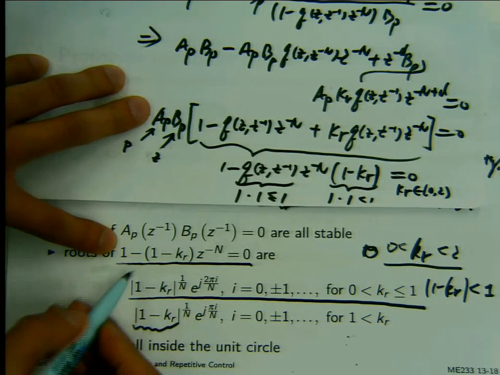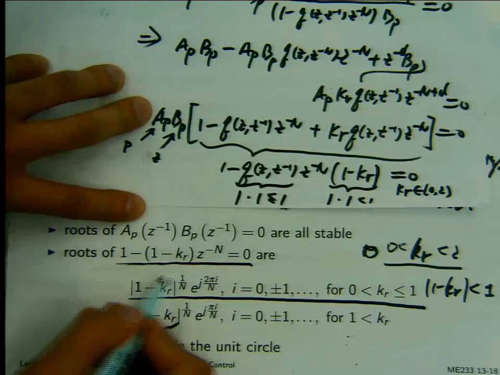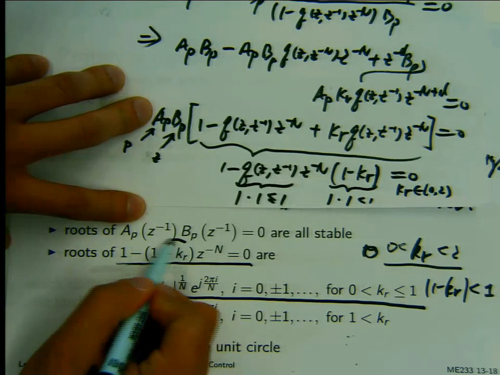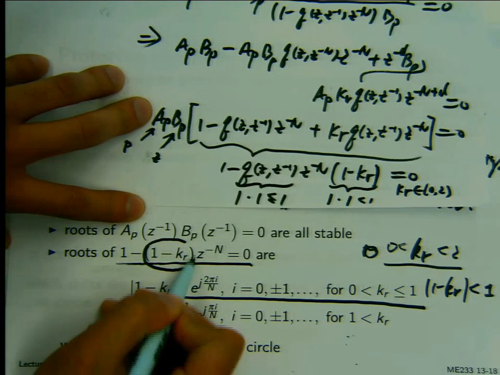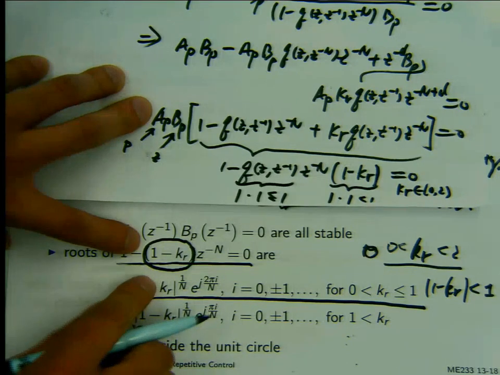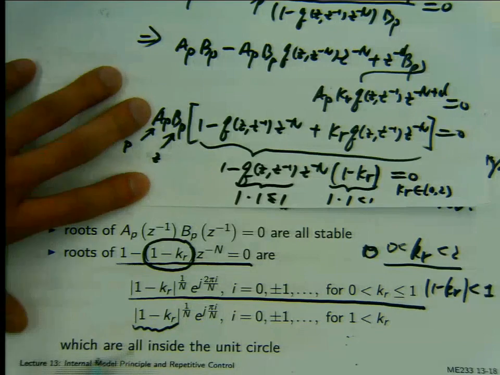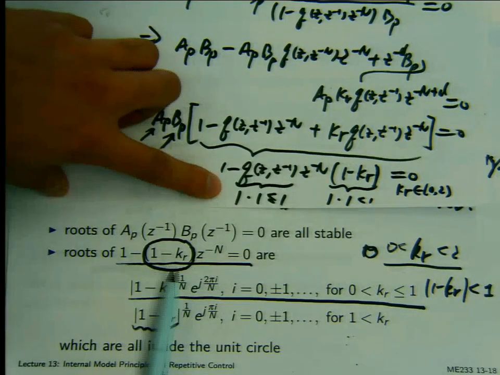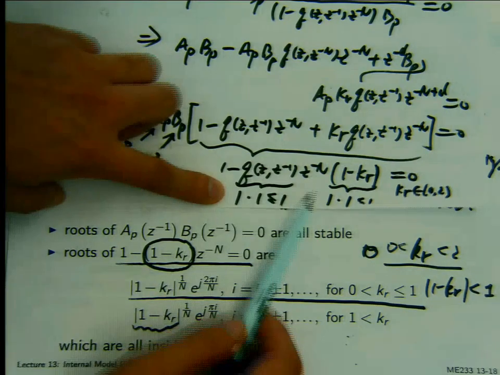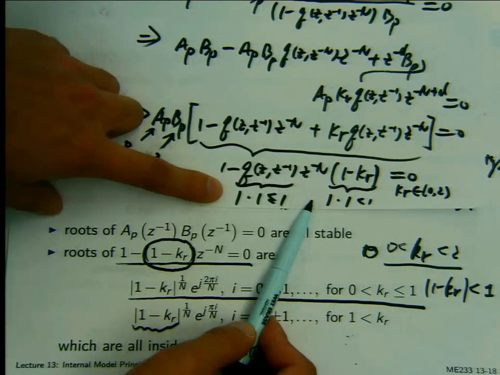Okay, we did this. So what we concluded last time is, if this term has its magnitude less than 1, then these roots expressed over here are all inside the unit circle. If you understand that, then things are very similar here.